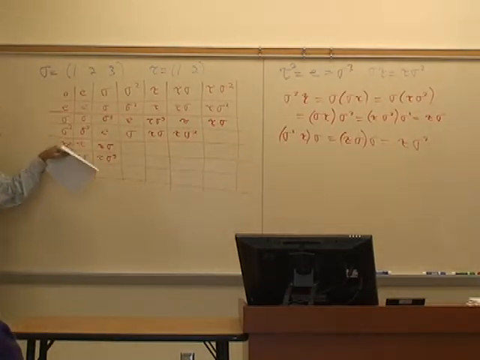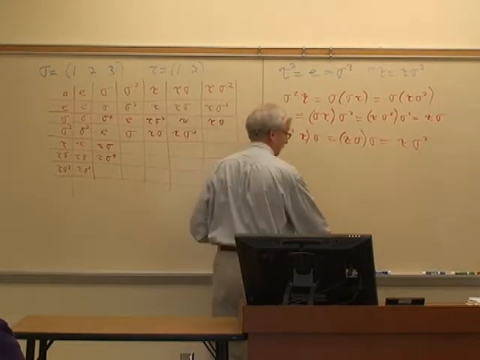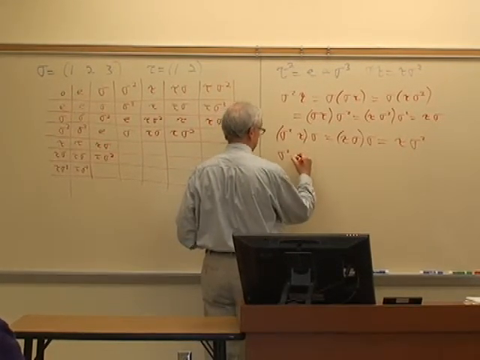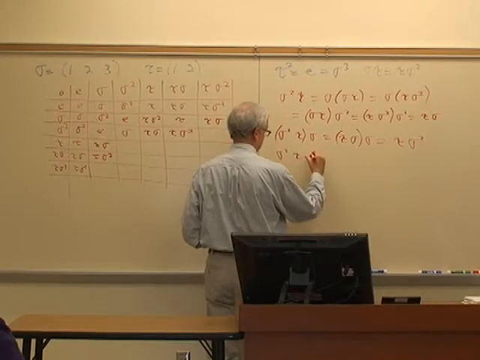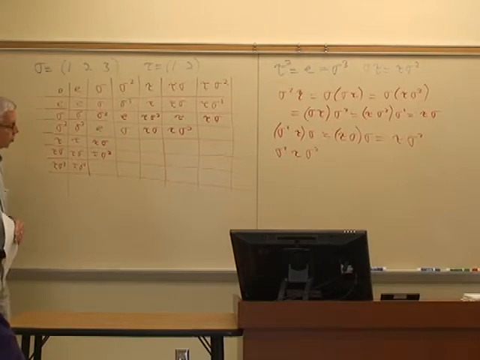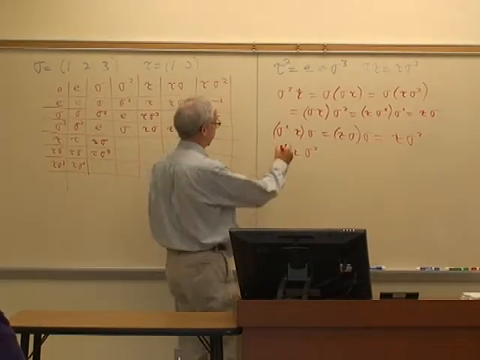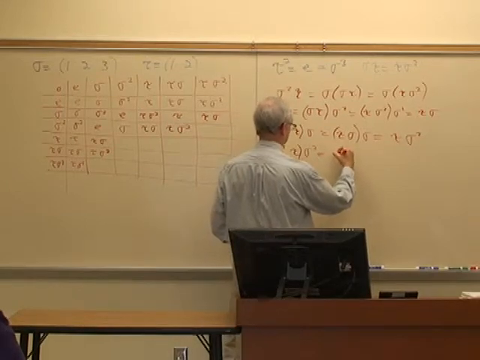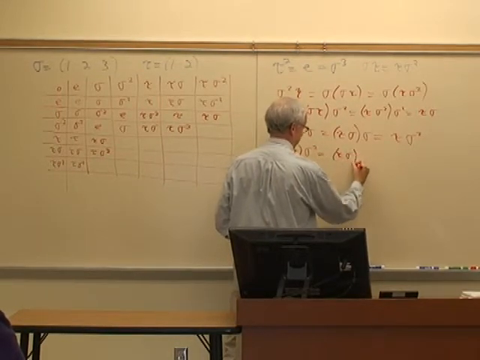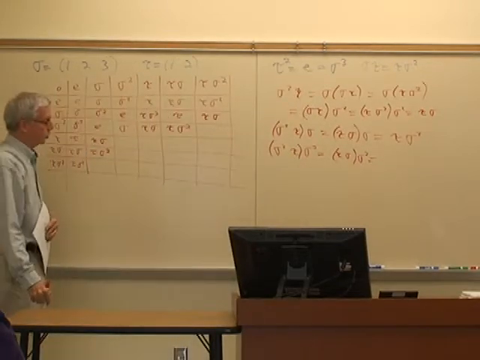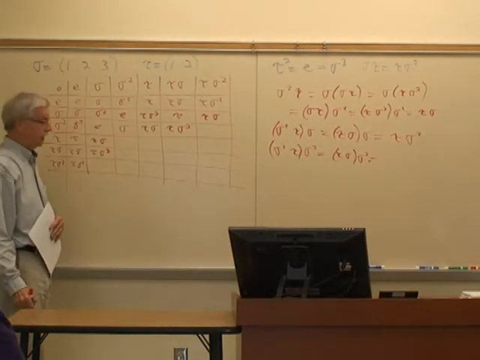And then finally, sigma squared times tau sigma squared. Well, again, I can use my previous work, right? I know that sigma squared tau is just tau sigma. And that's tau times sigma cubed, which is tau.